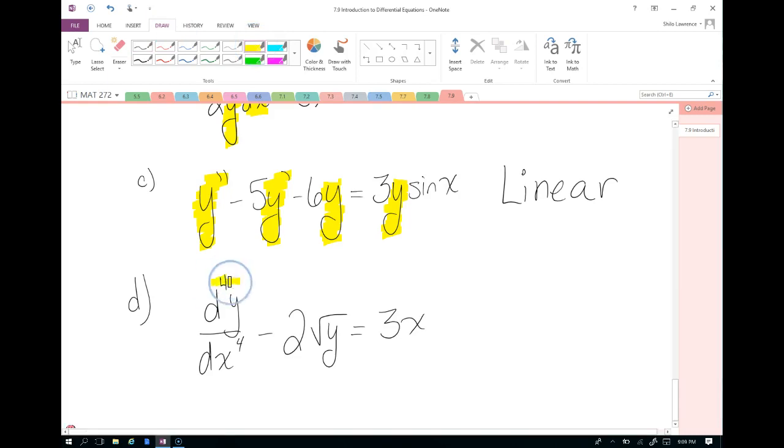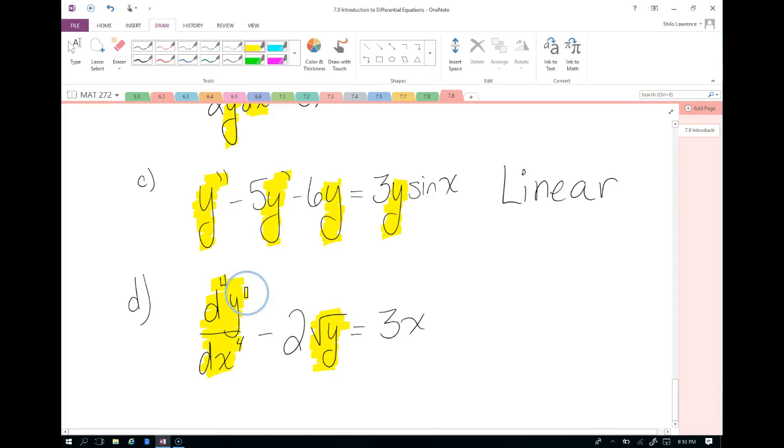Find all instances of y. So that first term represents the fourth derivative of y. And then I have a square root y in my second term. The 4's on that derivative, remember, those are not exponents. That just means we've taken the fourth derivative. No problem there. That has to do with the order.